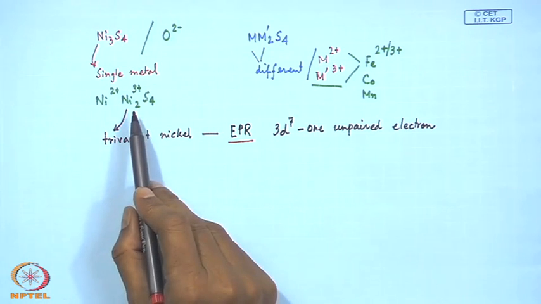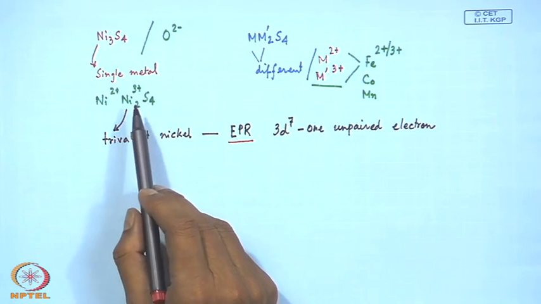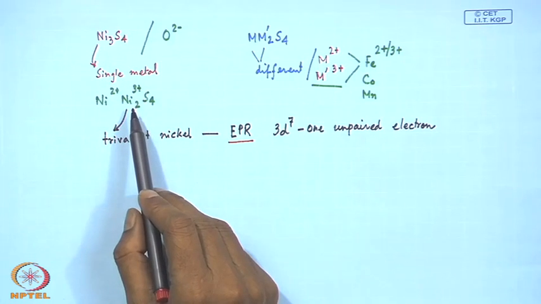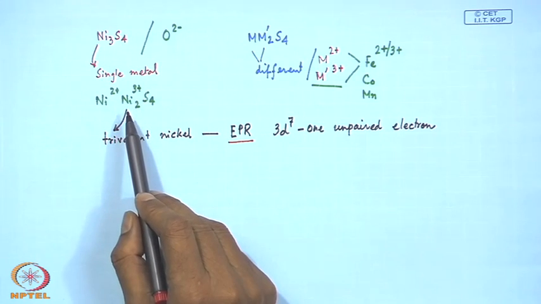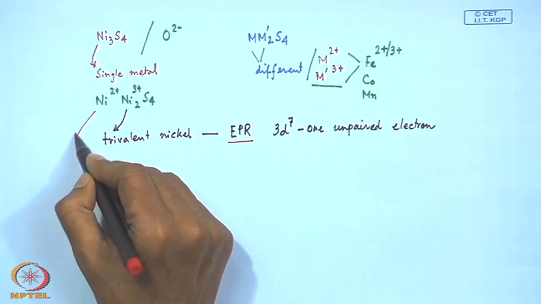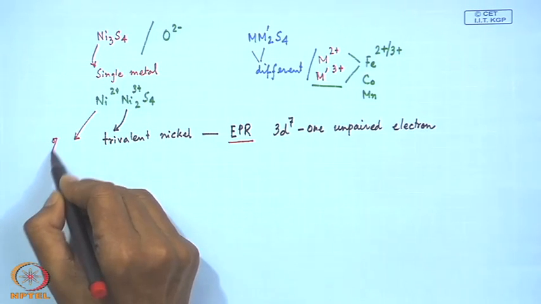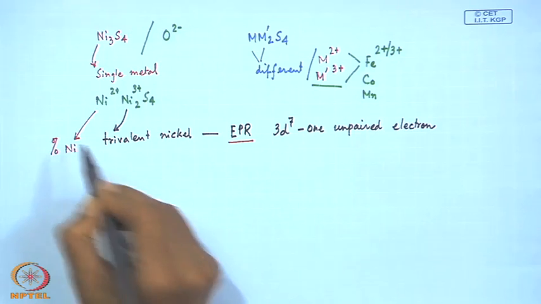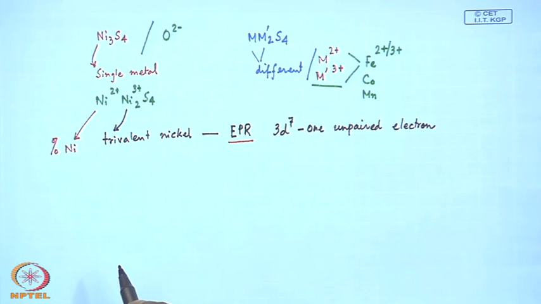So, if this material shows some interesting catalytic activity or any other property, immediately we can characterize it first for its total nickel content, that means we can determine the percentage of nickel.